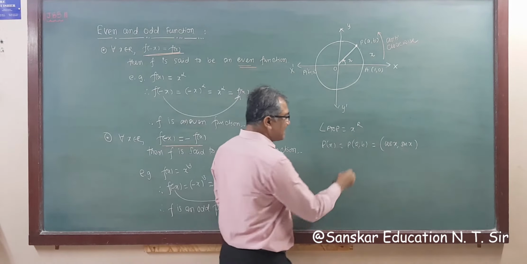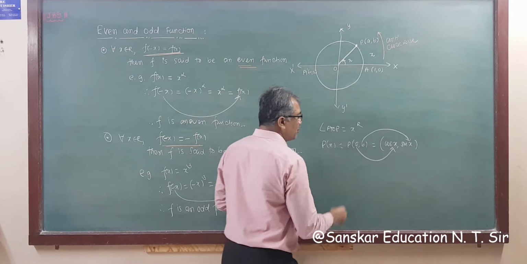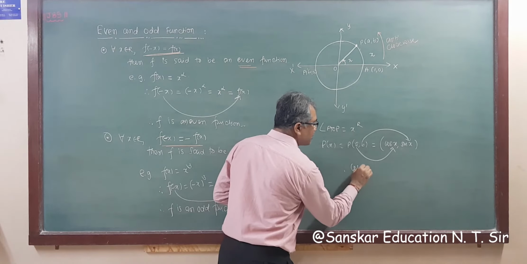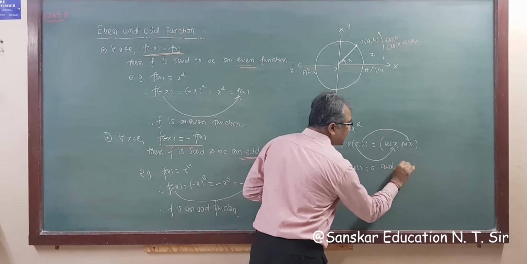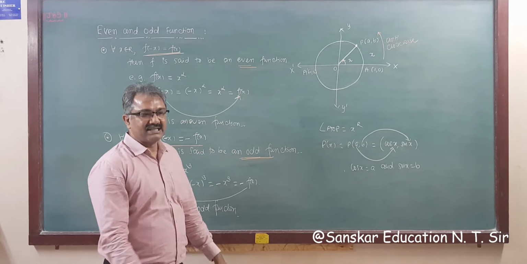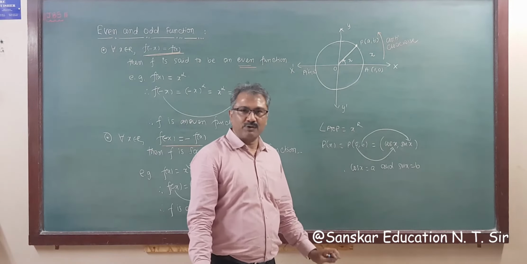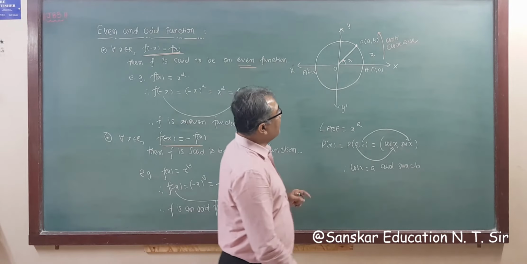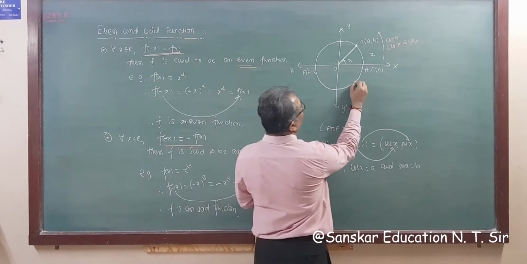So cos x is equal to A and sin x is equal to B. Got it?